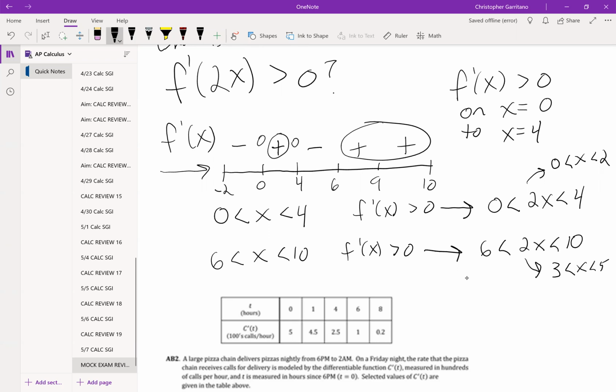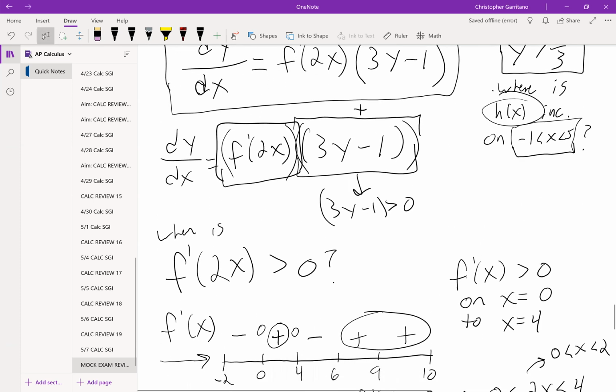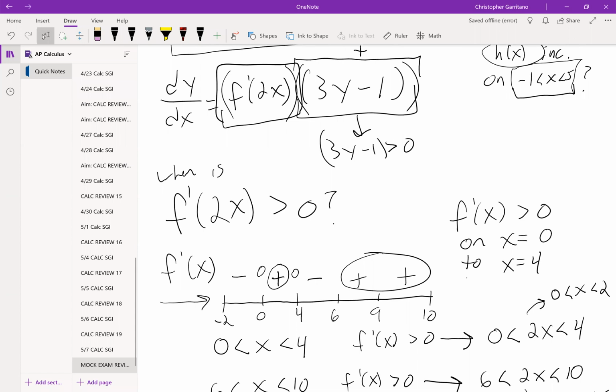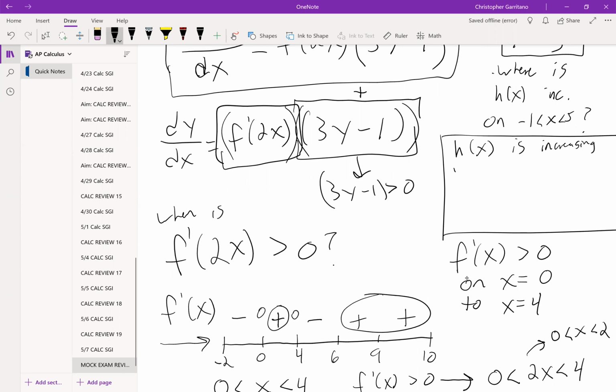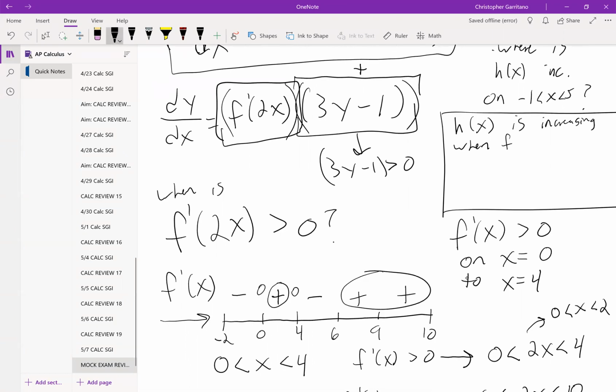So basically what we're seeing is that h of x is increasing when f prime of 2x is greater than 0.